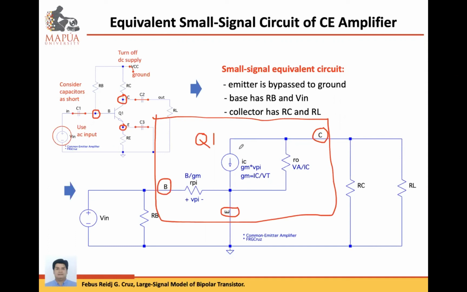So pag meron kang semiconductor device, for example, in a semicon industry, they will fabricate the bipolar transistor. And then they will apply actual voltage and measure, let's say, the resulting currents. So magkakaroon sila ng current voltage characteristics.